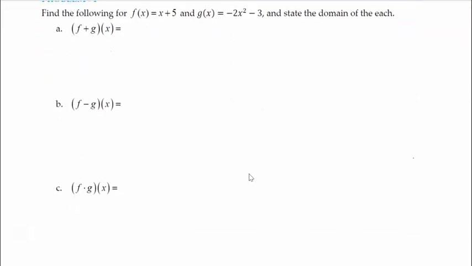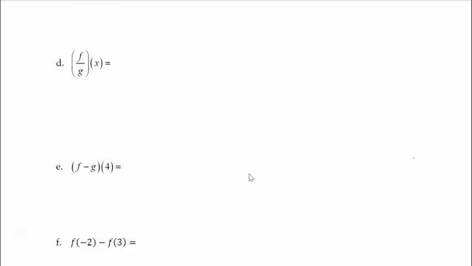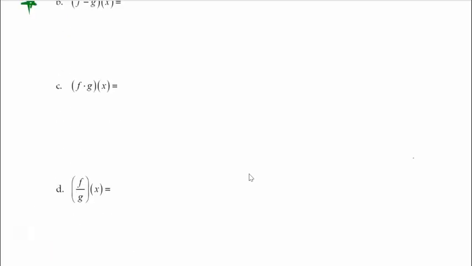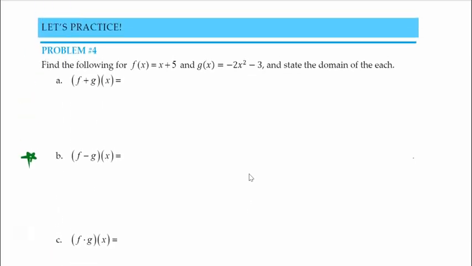All right, let's do just a couple of these together. Let's do B, and then let's do F. So this time we have different functions, right? My f of x is x plus 5, and my g of x is negative 2x squared minus 3.